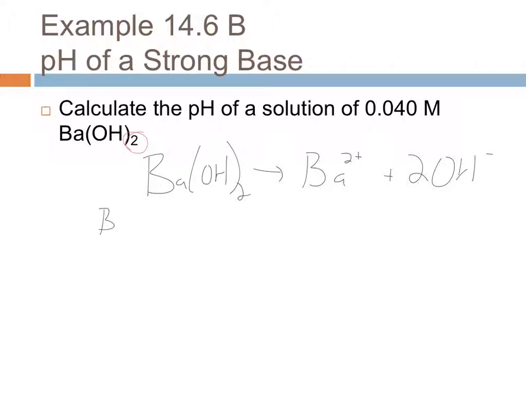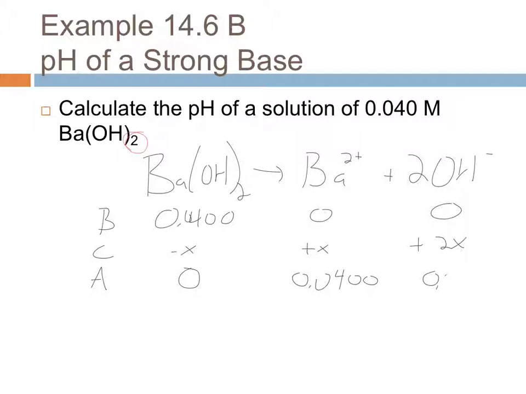Since it dissociates completely, this 0.04 is a stoichiometry chart, not equilibrium. We know this will be 0, and we're going to get 1 barium, but 2 hydroxides. So this x, 0.04, is going to give me 0.04 barium, but it's going to give me 0.08 hydroxide.